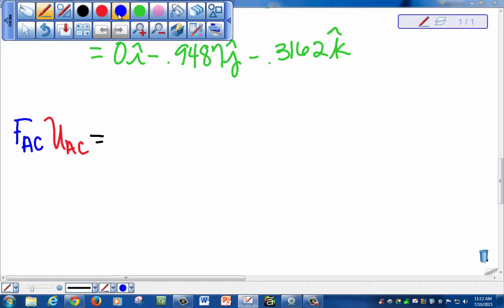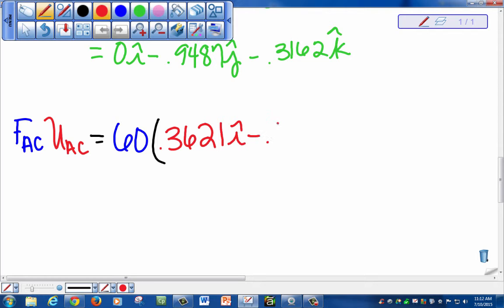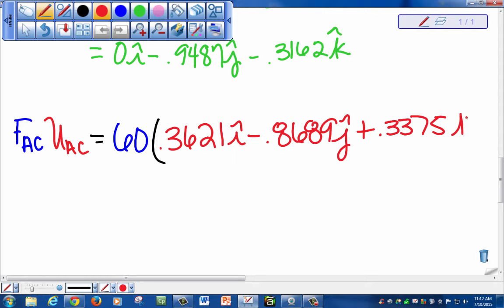You're just going to get your force AC, which we said was 60, times the unit vector that we just found in the previous step, which we said was 0.3621 in the i minus 0.8689 in the j plus 0.3375k.